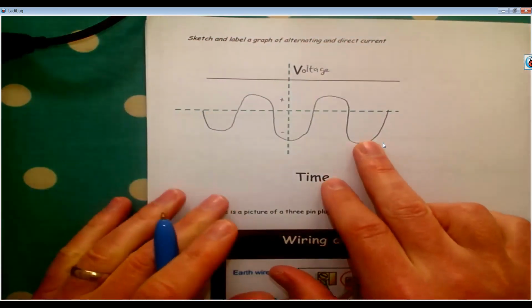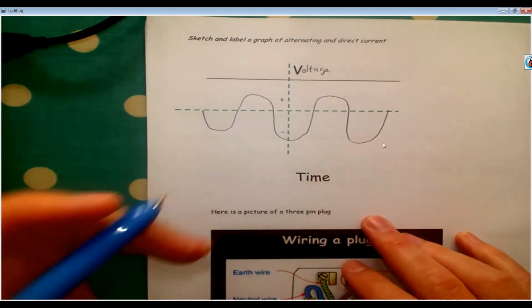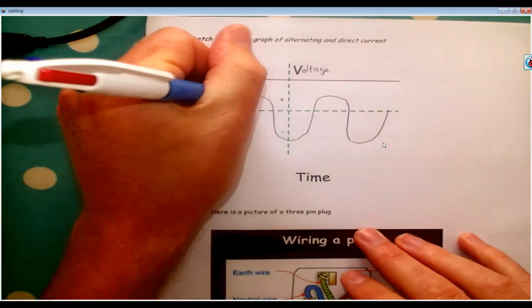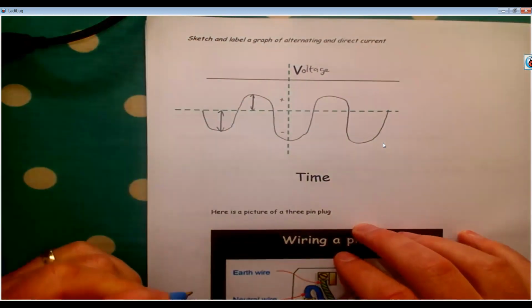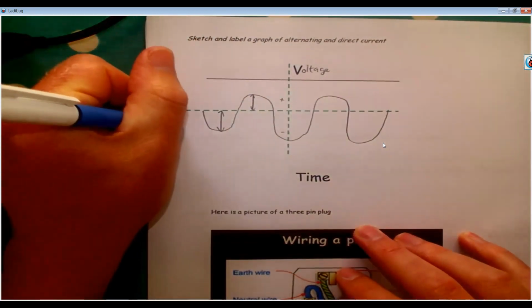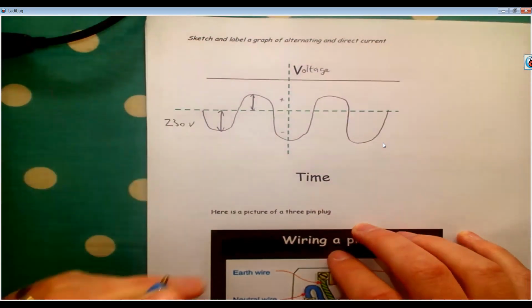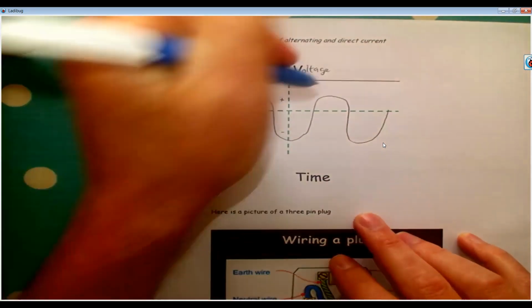it's this wave effect. And we can say the height of the peak or depth of the trough is going to be 230 volts, because that's our UK mains.